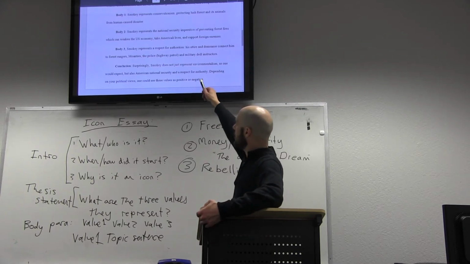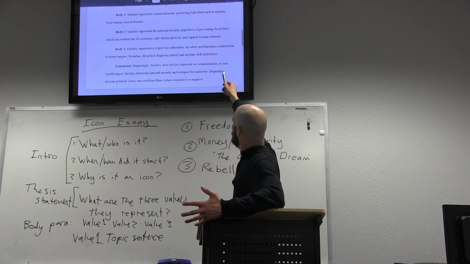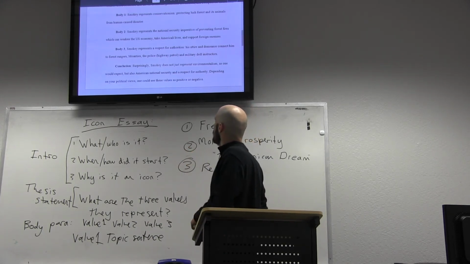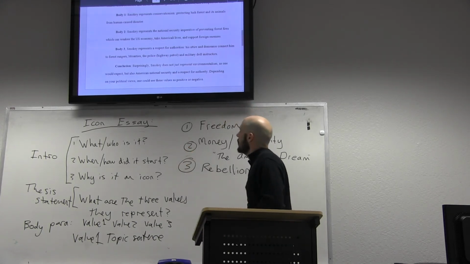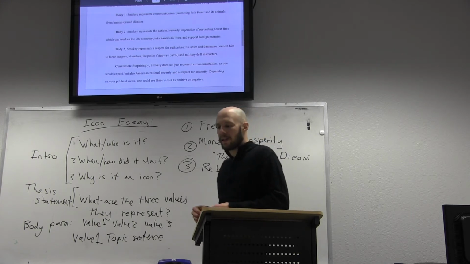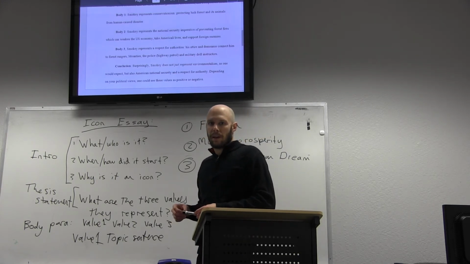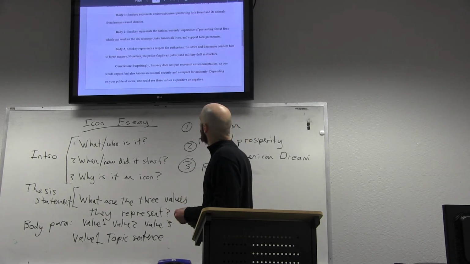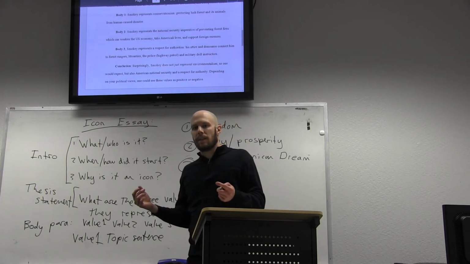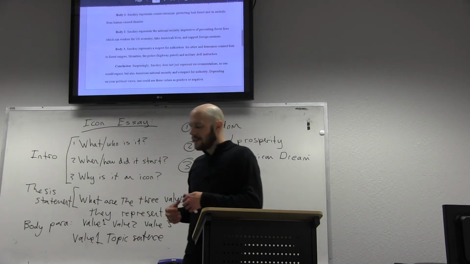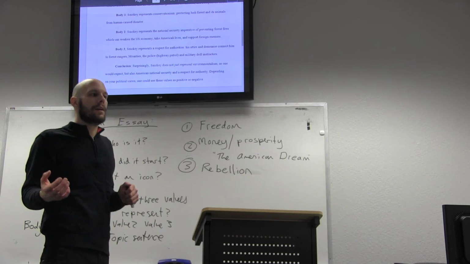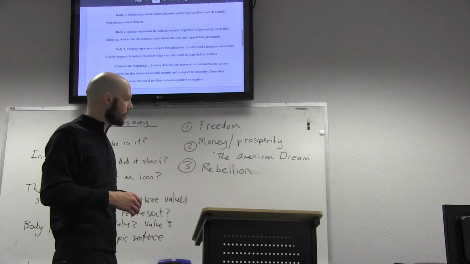Now, if I develop the rest of that body paragraph, I would have to find explanations of why I think Smokey represents national security imperatives. And probably I would find that by looking at images of him. He's depicted as protecting the forests, protecting the U.S. And he's also, because of his origins, depicted as preventing forest fires so that the U.S. can win World War II.